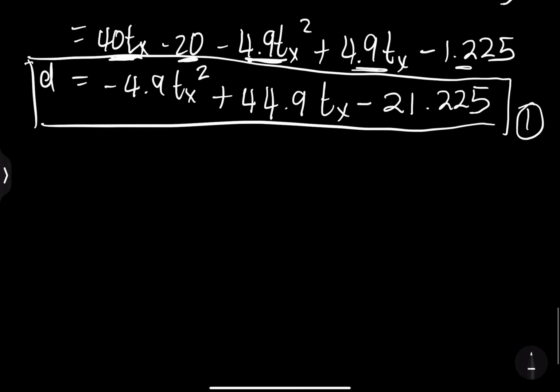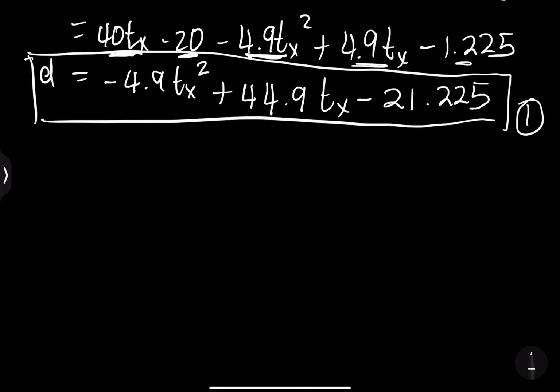Now let's go for the disk. As the disk falls, please keep in mind that we said it was displaced 30 minus d, but it was displaced downwards. So the displacement for this one will actually be minus (30 minus d).